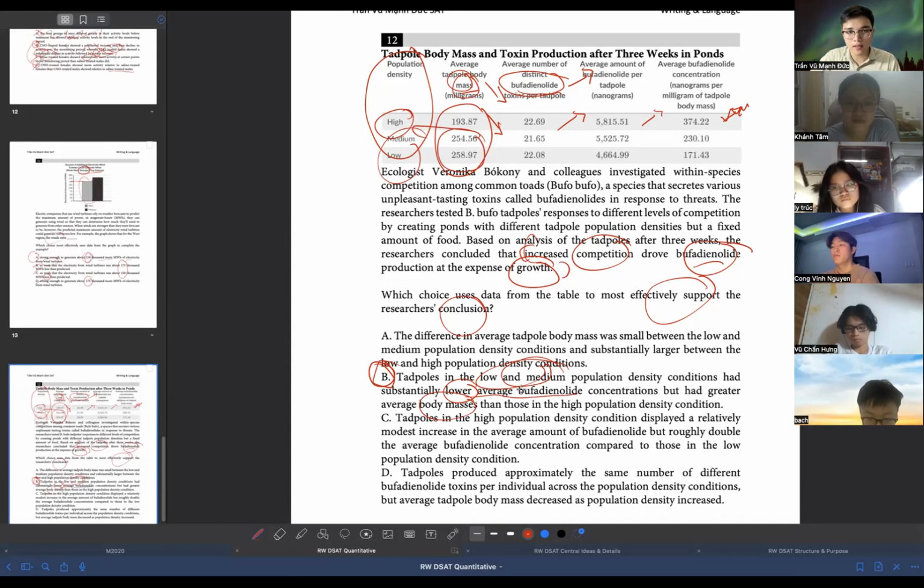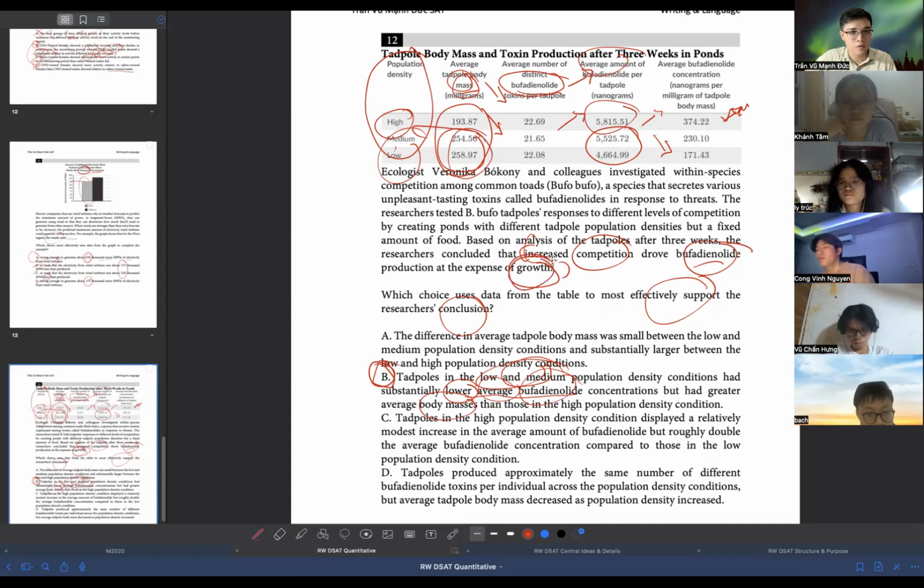So this one is true, but let's see the average bufadienolide. What is the average here? They both are slightly smaller than this one. So medium and low have a larger mass, which means they have bigger growth, and they have less toxin, which means they have less average toxin per tadpole. So this is B, correct?